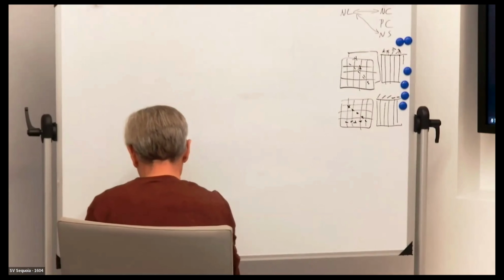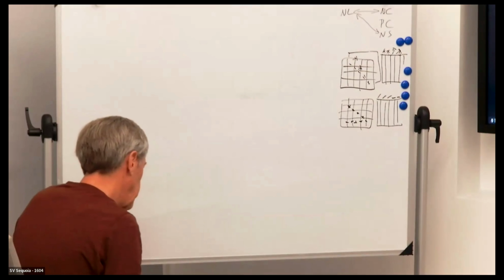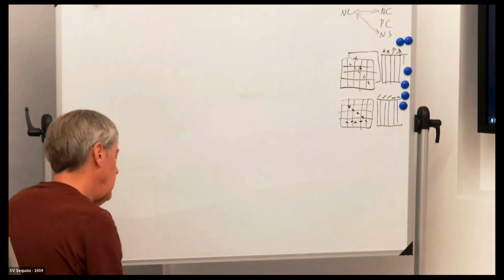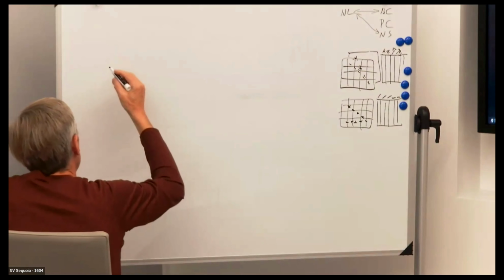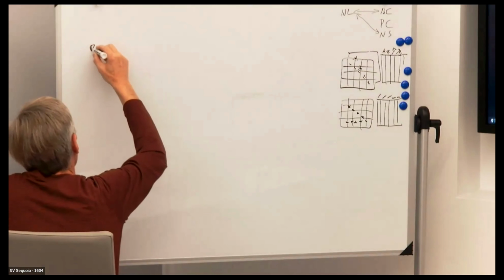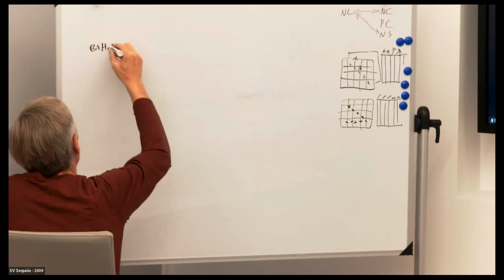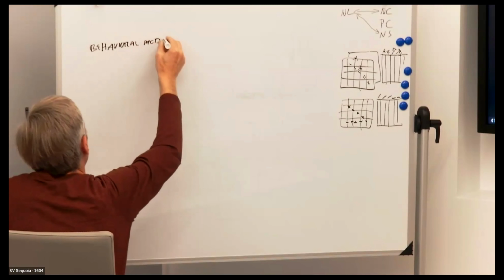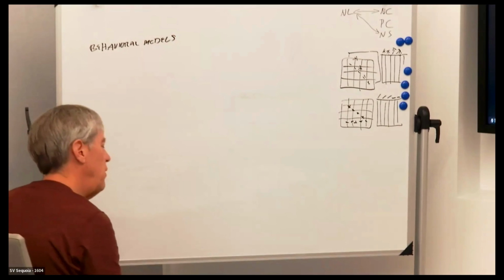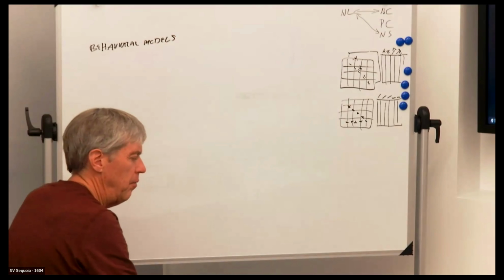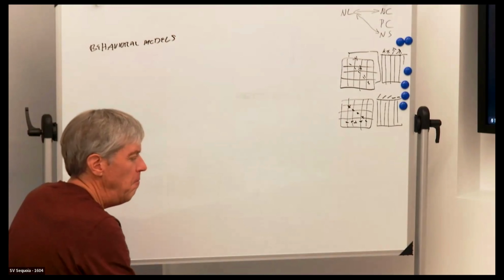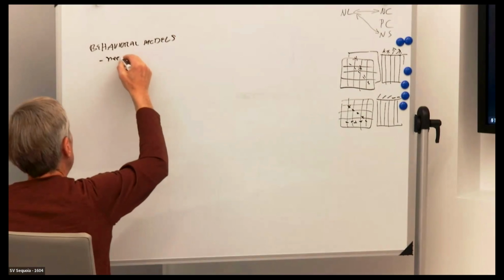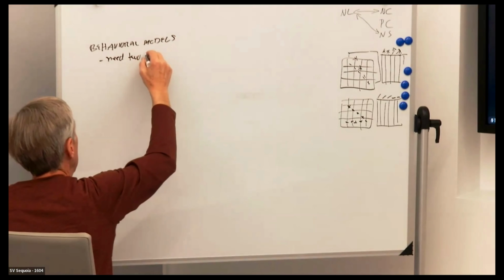So what did we decide? That when it comes to behavioral models, we often need two levels of hierarchy at minimum.